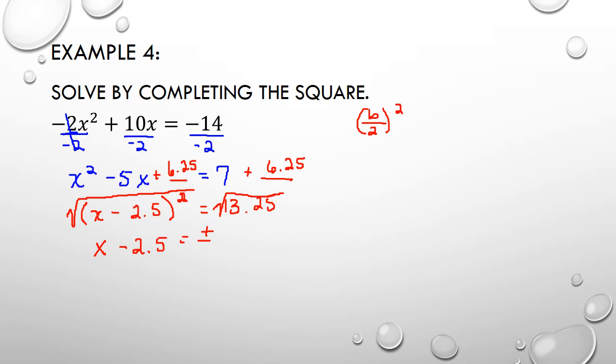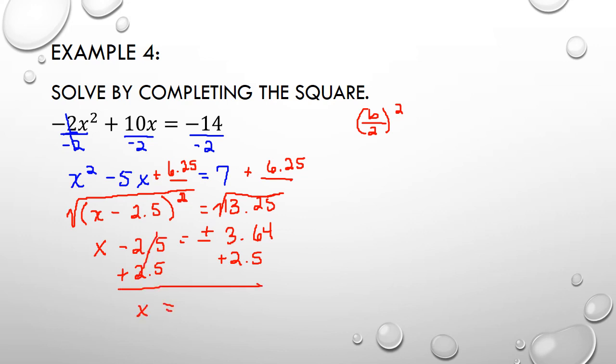And now let's go ahead and take the square root of 13.25. We're going to round this to the nearest hundredth, and that gives us 3.64. Now, add the 2.5 to both sides. Those are going to cancel out.